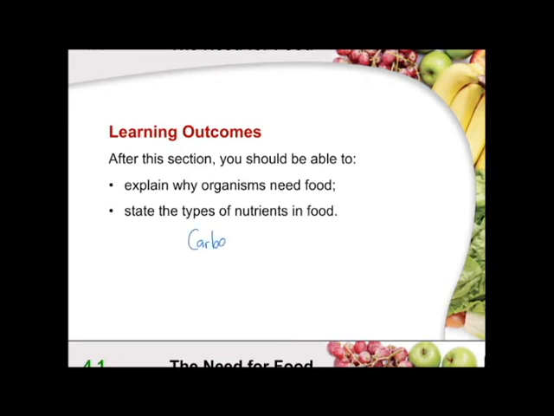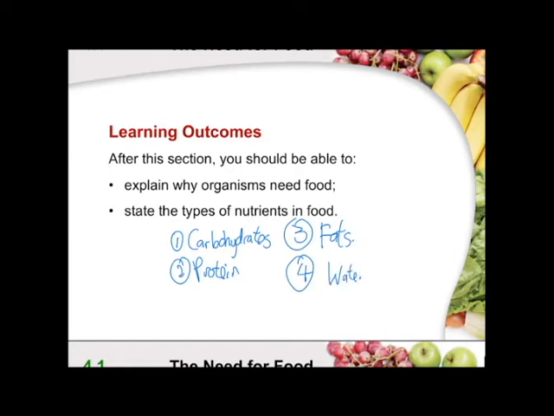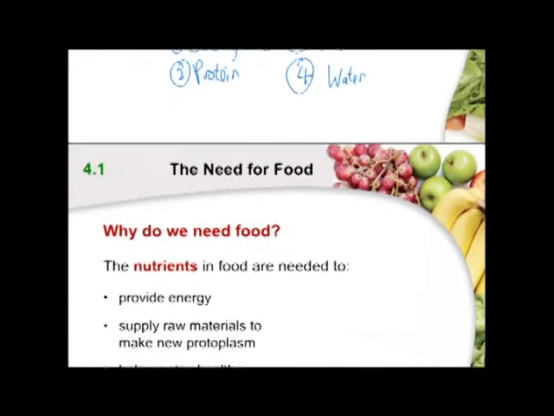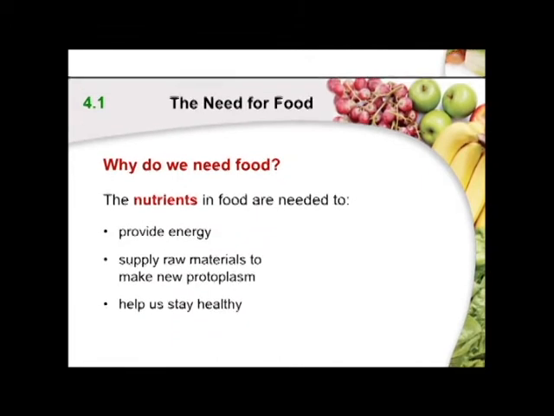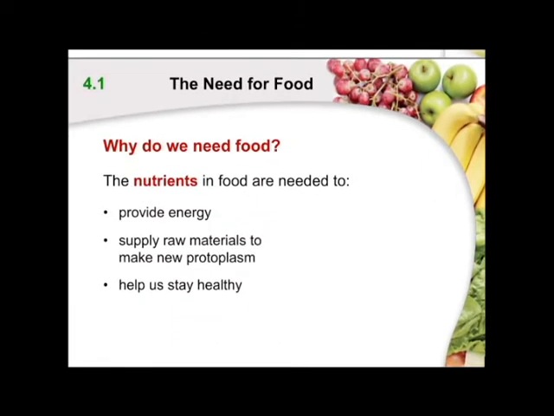So for now, just focus on your carbohydrates, your protein, and also your fats. Water can be considered as one, so maybe you put water, but actually I wouldn't really classify it as a form of nutrient. I would say it's a biological solvent.